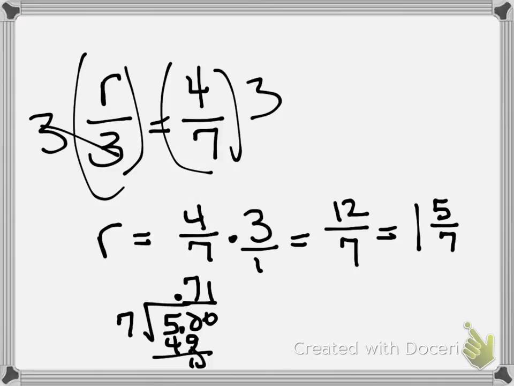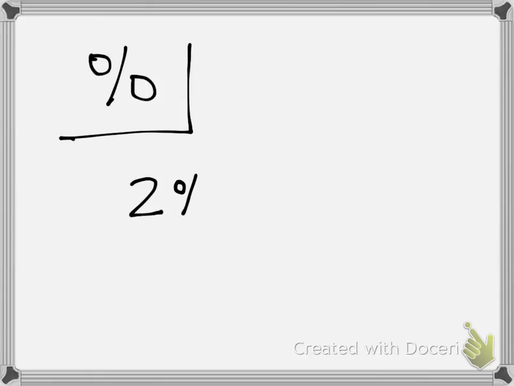Well, also when we talk about one variable equations, we get into percentages. Well, a percent is a portion of 100. So 2% equals 0.02, or 2 out of 100, or 2 cents. Percent is always in pennies, kind of.